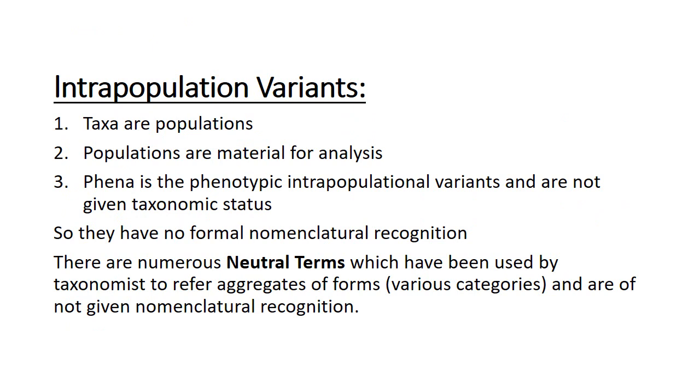Intrapopulation variants. These are taxa, basically certain populations, and these populations are the material for the analysis. These populations are phenotypically variant, due to which they are referred to as phena, and they have not been given a taxonomic status. They are just used to carry out the process of taxonomy and identification.